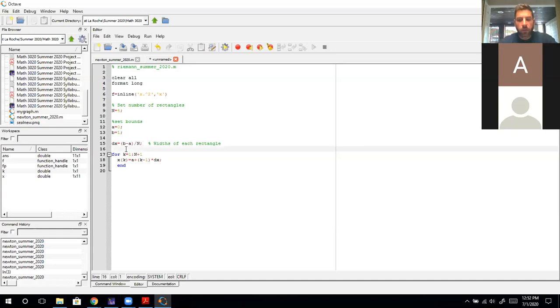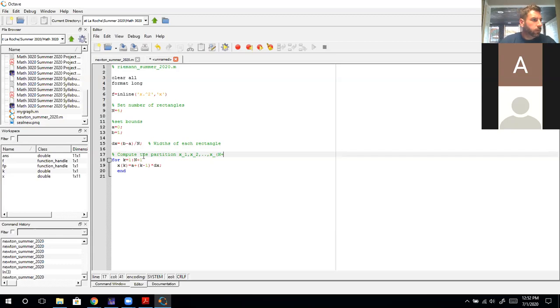So what does this thing do? What this does is this computes the partition, is the fancy word. We called it x sub 1, x sub 2, all the way up to x sub n plus 1. So that's what it does.